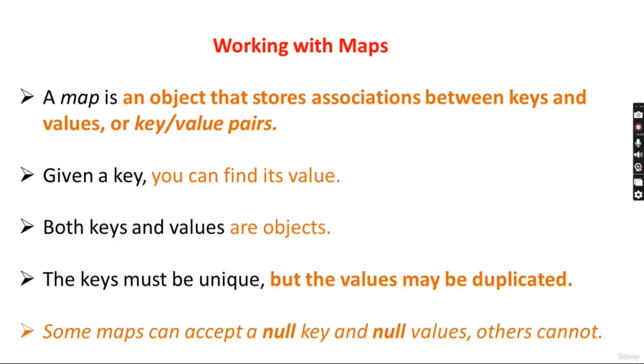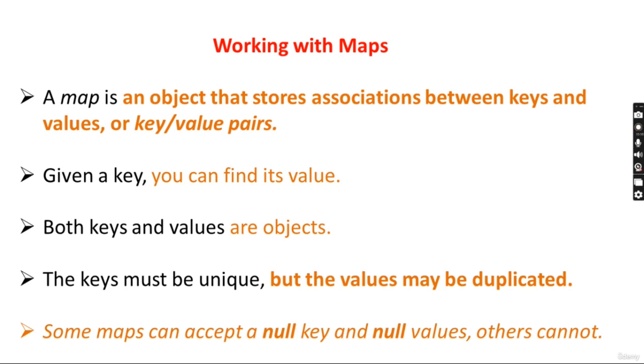Working with maps. Now we will see maps. A map is an object that stores associations between key and value pairs. Given a key, you can find its value. It is like a lock and its key.